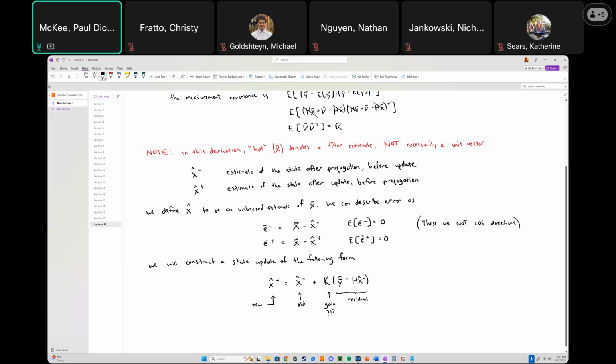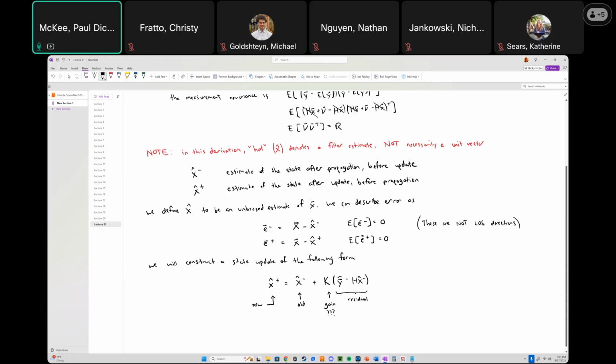So this is kind of like your feedback error. And then K is going to be some sort of gain, and we'll talk about the gain later. The gain has to do with how sensitive you are to error. And then we say that whole term adds on to the old estimate of our state to give us the new estimate of our state.